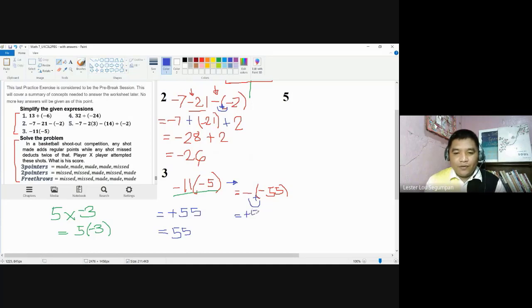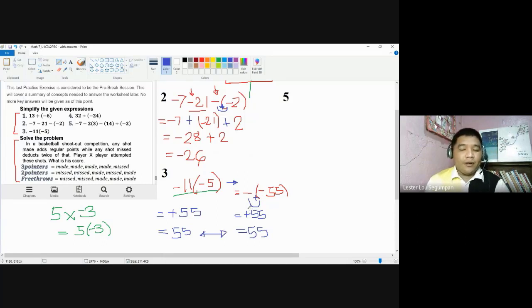So positive 55, which then again results in, without the symbol of positive, just 55. So any of these two processes can be done. The first process is taking this negative here as a sign of 11, or taking it later, but still they will yield the same result.